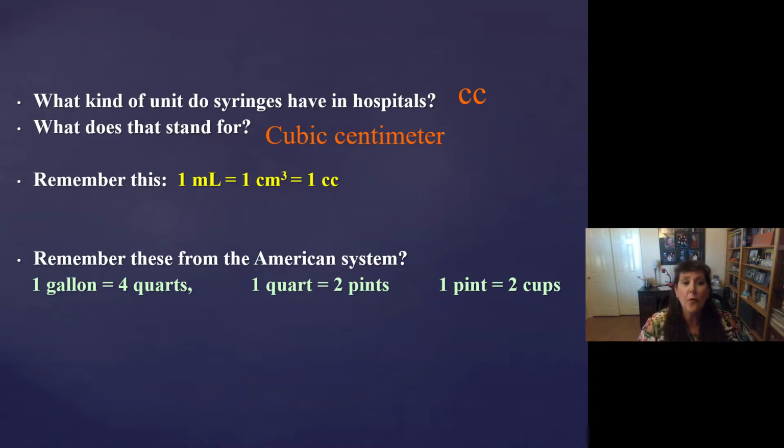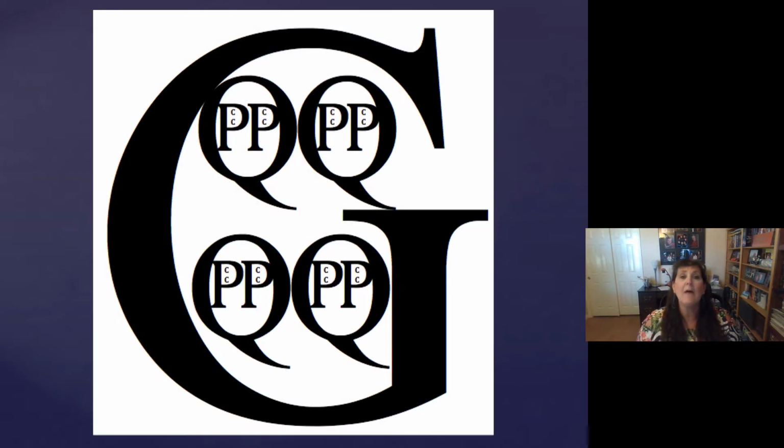You're also going to have to know these units from the American system. A gallon is 4 quarts, a quart is 2 pints, and a pint is 2 cups. Yeah, that's the English or American system. Now, to help you remember those volume units, here's a little graphic that might help you. We have a big G for gallon. Inside the gallon is 1, 2, 3, 4 Q's for quarts. 4 quarts in the gallon.